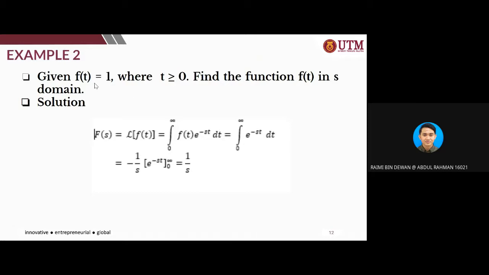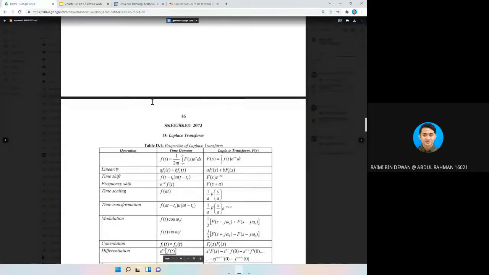Then you know that your f(t) is actually equal to 1, so we don't need to write 1. Then integration of e to the negative st dt. Then you do the integration accordingly, then you obtain 1 over s.